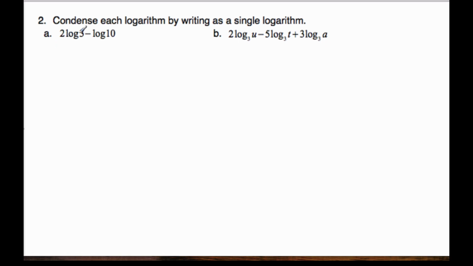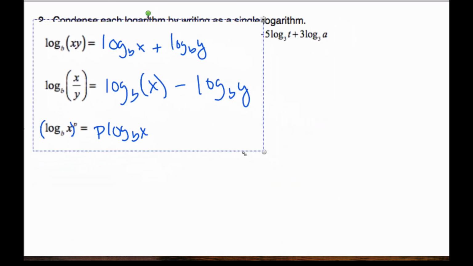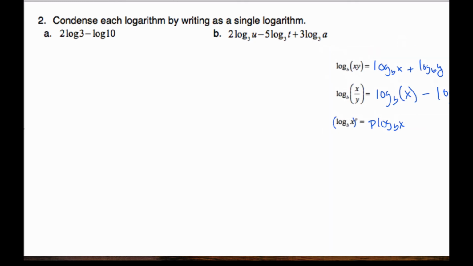And so now I want to condense each logarithm by writing as a single logarithm. So I'm going to do the exact opposite of what I did. I'm going to use these properties, but I'm going to go in the opposite direction. So I'm going to go this way all the time. When I do that, the first thing I recognize is I have 2. That's similar to this p being here. I can put that to the power. So I have log base 10, 3 squared minus log base 10.